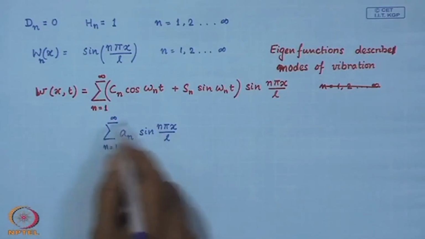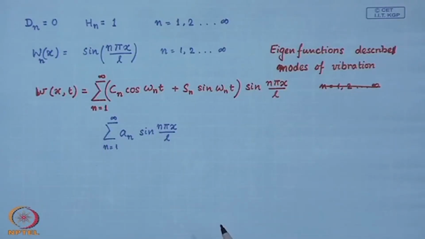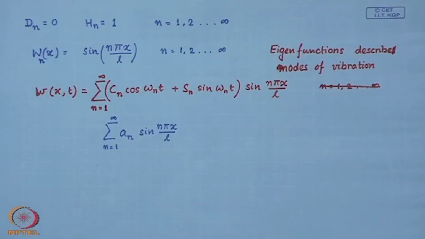So, this represents a function which is periodic, and so the periodicity is L, where L here refers to the length of the string.